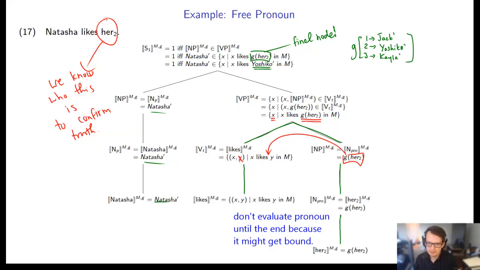I'm not really downplaying how unexciting this tree is compared to what we've just been doing with quantifiers. This is basically what we did in F1 in lecture 6, but we have this little pronoun and assignment function that we couldn't do before.